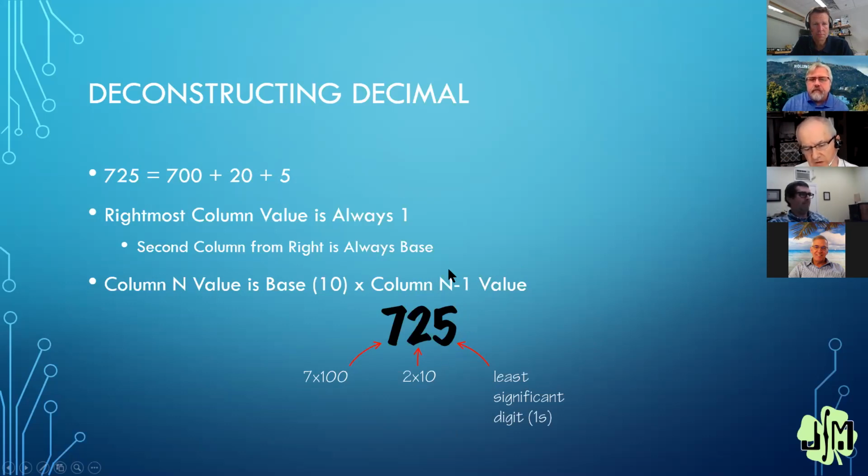This column, the rightmost column, is called the least significant digit. And that column, no matter the numbering system or the base, or what the fancy word for that is, radix, is always 1. That column has a base value of 1. So you can say 1 times whatever the digit in the column, that's the value of that column. So every number you see, the rightmost column, the least significant digit, that column value is always 1.